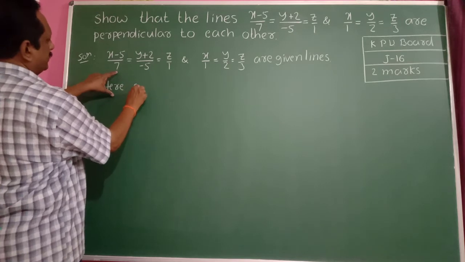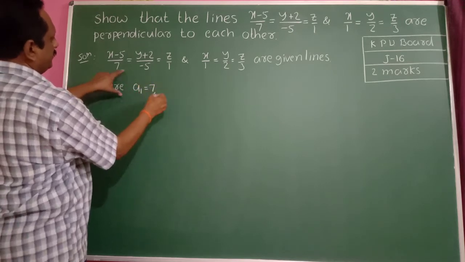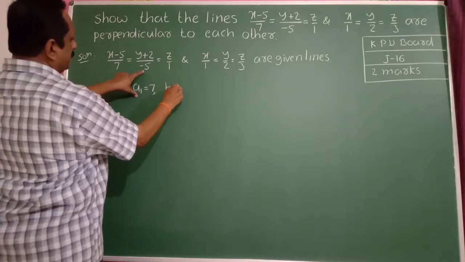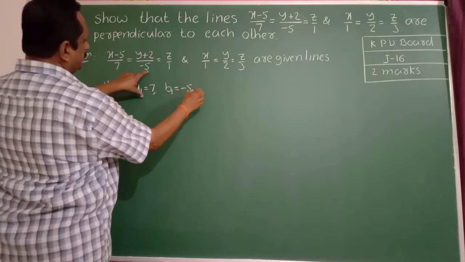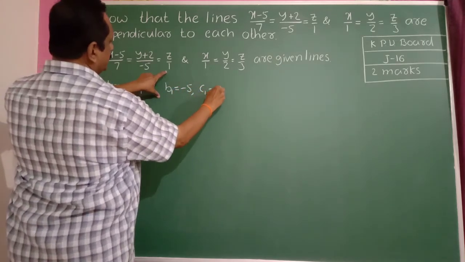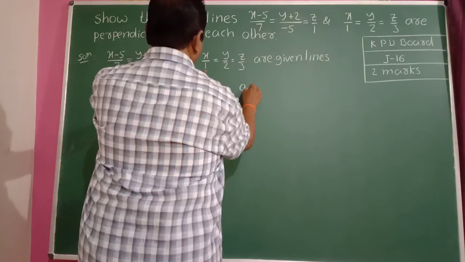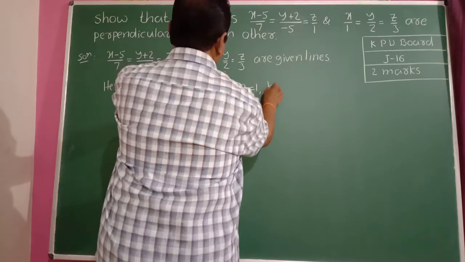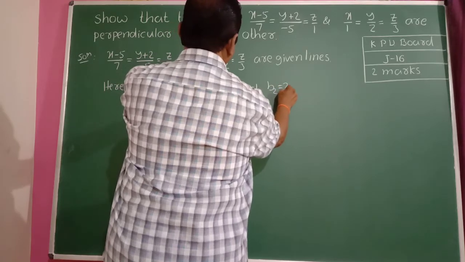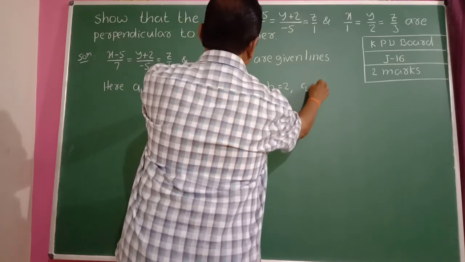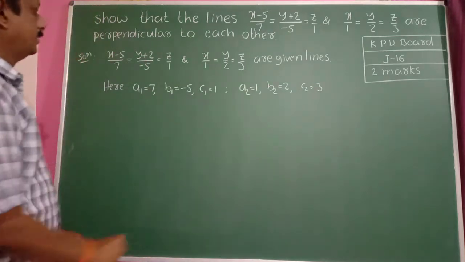Therefore here A1 = 7, B1 = −5, C1 = 1. Then A2 = 1, B2 = 2 and C2 = 3.